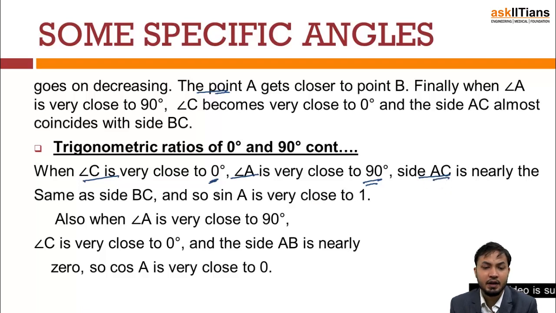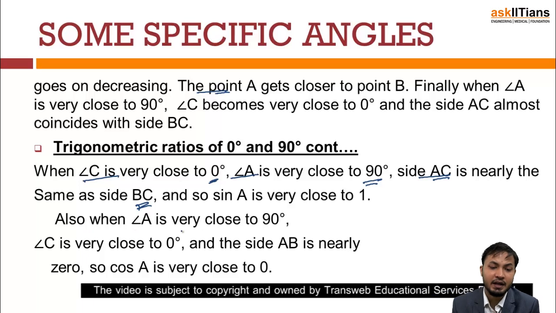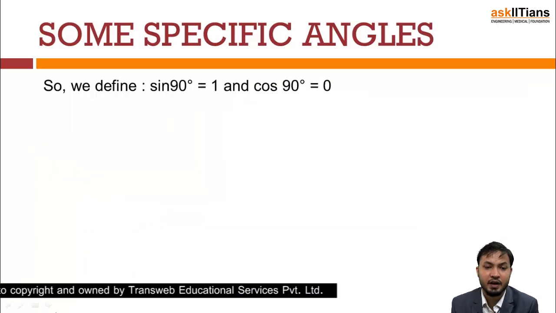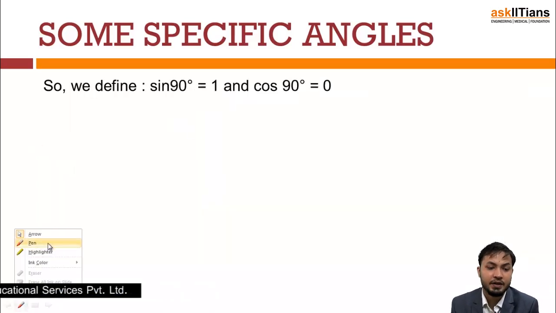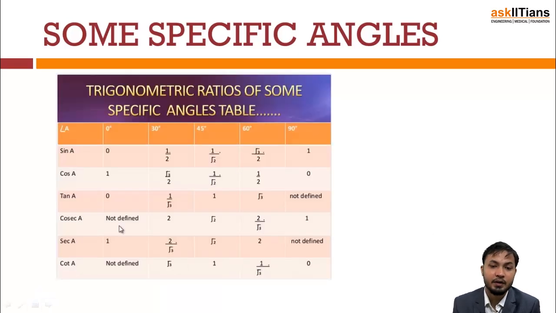So the sides will also merge simultaneously like that. So sine 90 degree is 1, where for 0 it is 0, and for cos it will be just opposite, right? So if you swap the cases of 0 to 90 degree, I can get all the values of sine and cos. So ultimately I have a trigonometric ratio table of all the values.